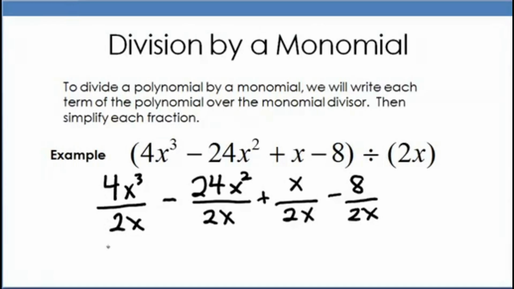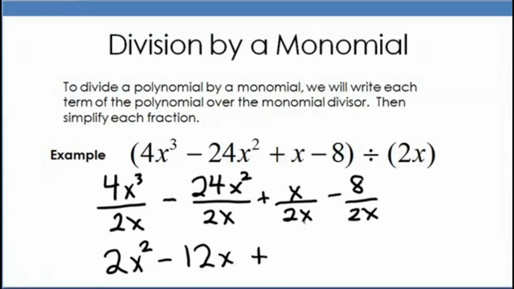Since it divides evenly, 2 into 4 will go 2 times. And for your variables, remember, subtract the exponents. So it will give us x squared minus, for our numbers, we'll divide 2 into 24 because it does go evenly to give us 12. For the variables, we will subtract exponents, will give us x.